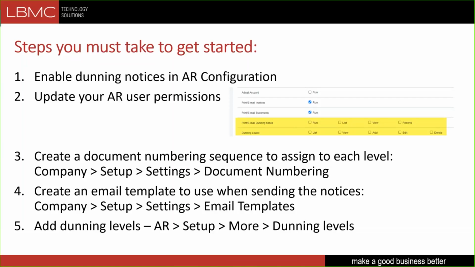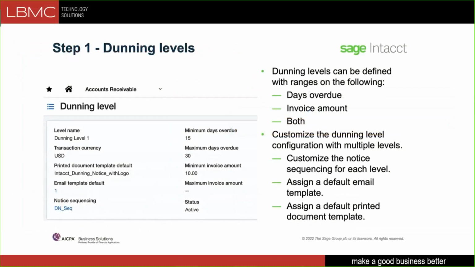And then you can actually define the dunning levels by going into AR setup, more dunning levels. When you go into that, you will click on the add button and you will be adding a new dunning level. So you want to give it a name and indicate the currency.